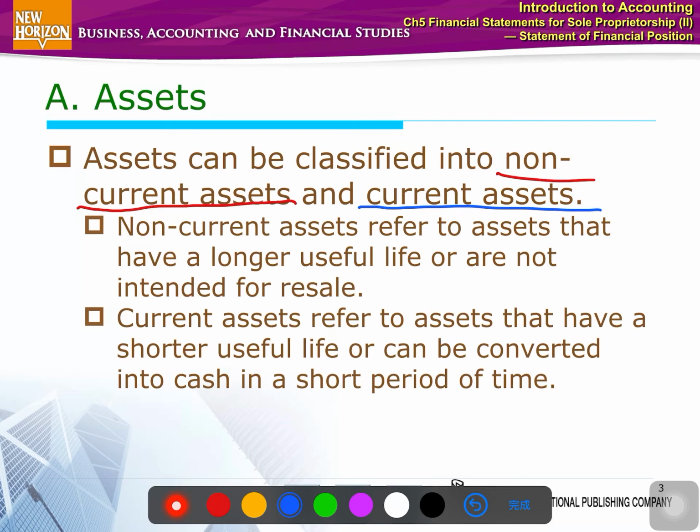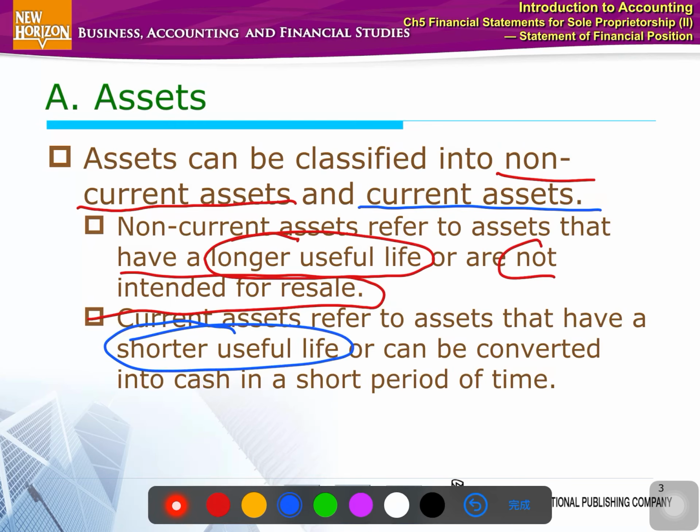Non-current assets refer to assets that have longer useful life and are not intended for resale. For current assets, they have shorter useful life and can be converted into cash in a short period of time. Here you may ask a question: what is longer useful life and shorter useful life?